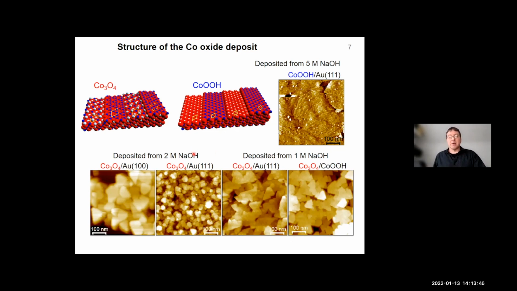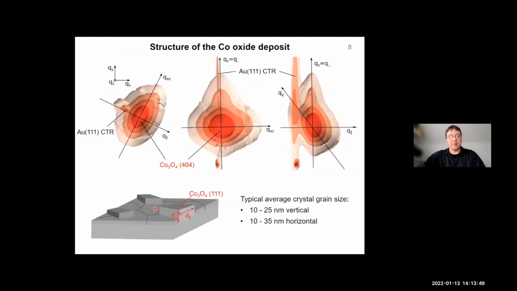So we can get some deposits, but they are not ideal, and for that reason we also cannot measure something like crystal truncation rods from them. So we see here in this reciprocal space 3D illustration the gold CTR, but the cobalt oxide only manifests in rather broad Bragg peaks. That's what we will analyze in the following.